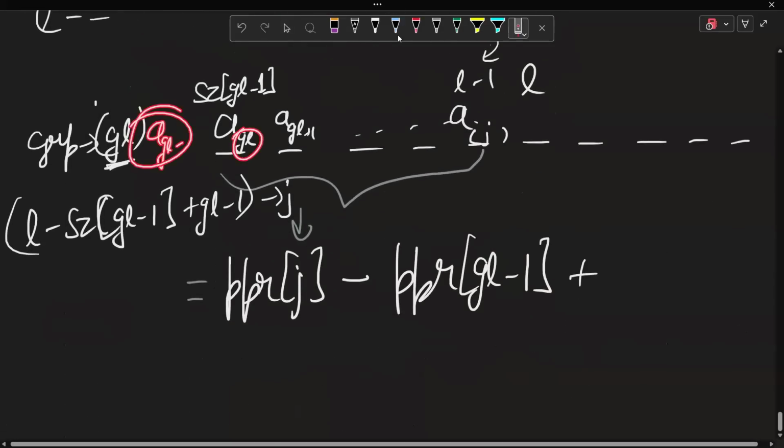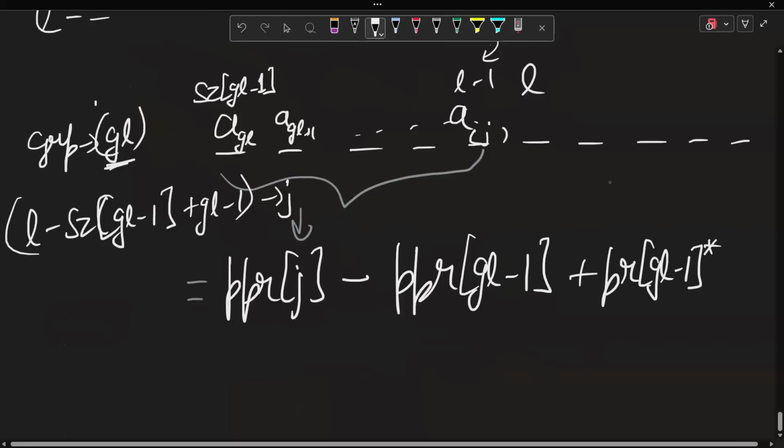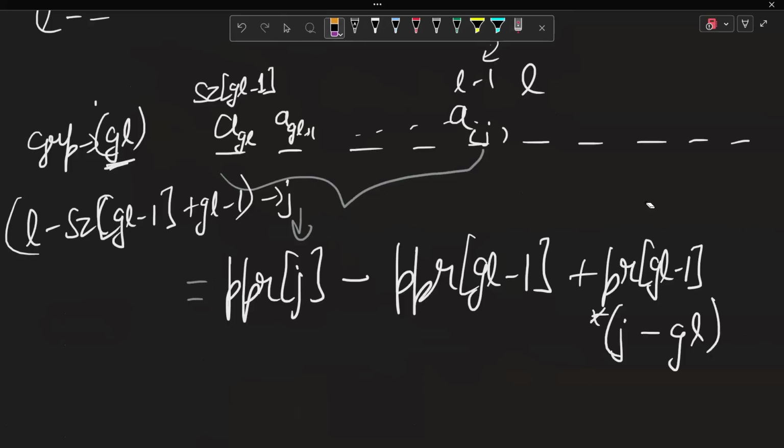So I'm subtracting the prefix sum of GL minus 1, and that is coming how many times? This difference, J minus GL minus 1 plus 1 minus 1. So J minus GL would be the length. Should be minus, right?